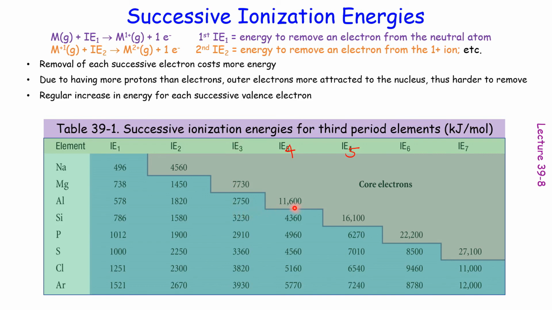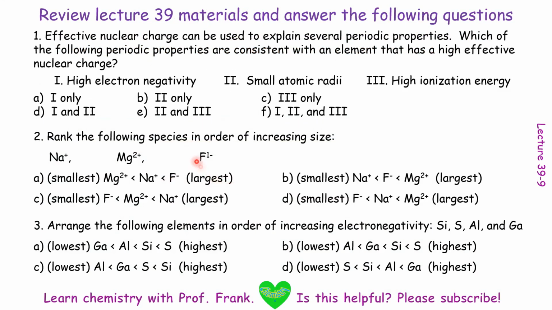How many times? That's about quadrupled. And here, that's triple. Here you see it's less than double, and here is quadruple. So therefore, it's a much larger increase in energy when you start removing core electrons.